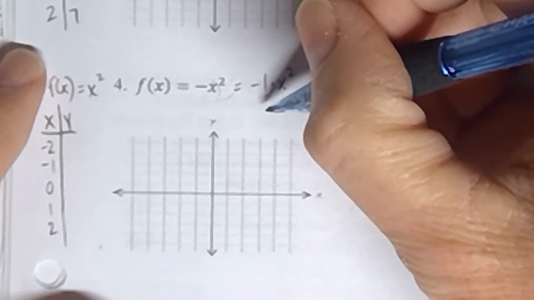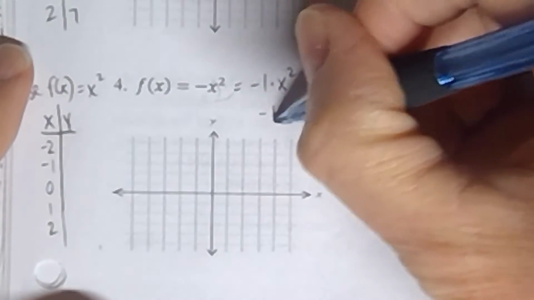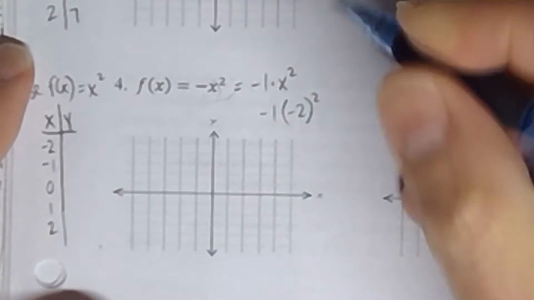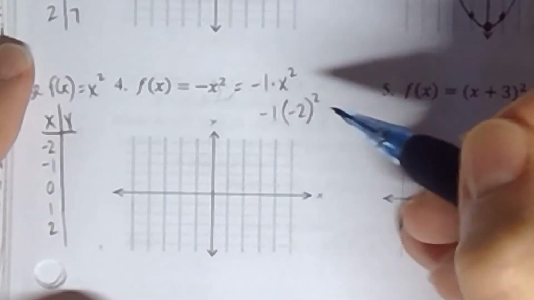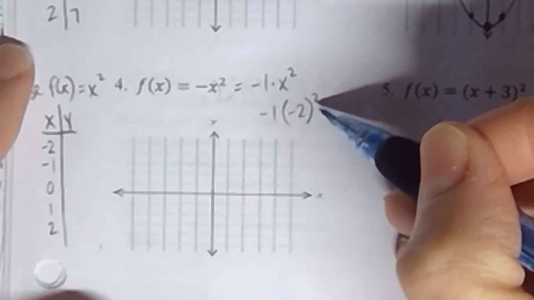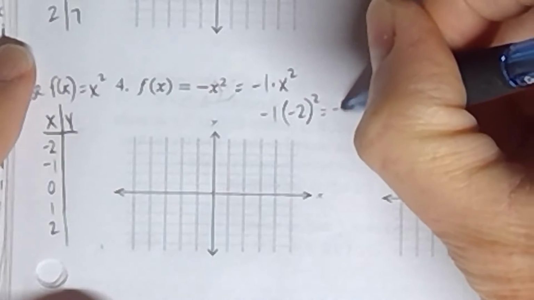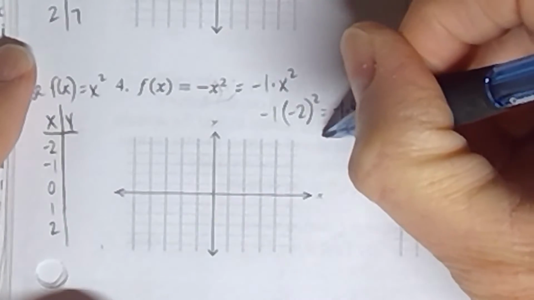But because of that, we have to be really careful with our negatives here. Remember to plug the negative into the x. The negative 1 is separate, so it's negative 1 times negative 2 squared. Exponents come first, so we get negative 1 times 4, and that, of course, is negative 4.